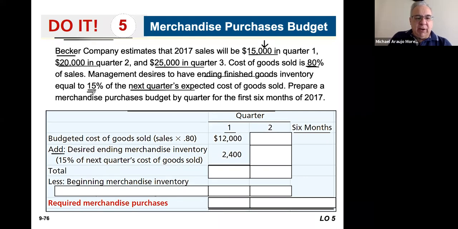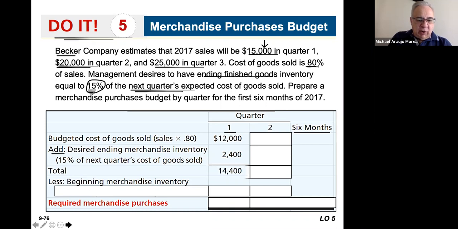They want their desired ending inventory to be 15% of next quarter's cost of goods sold. Well, the next quarter has sales of 20,000. 80% of that is cost of goods sold. That's where you're starting. And then you take 15% of that number and you get 2,400.